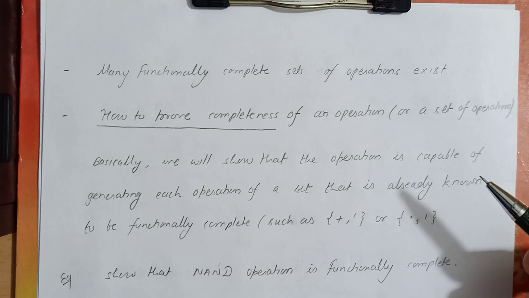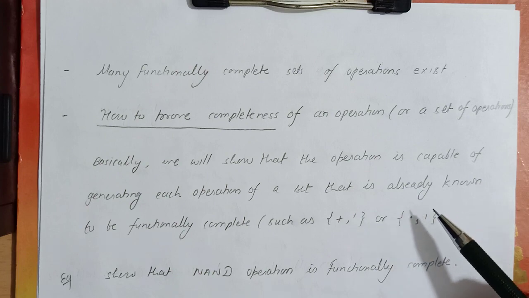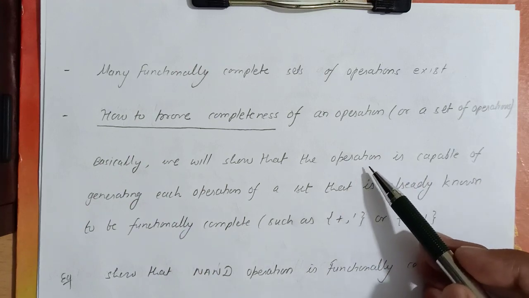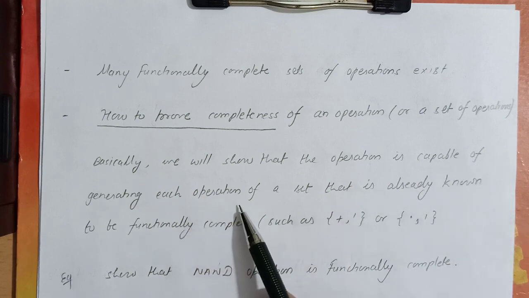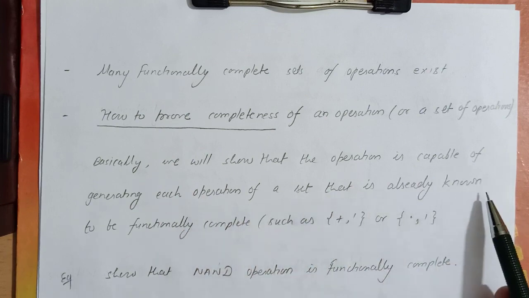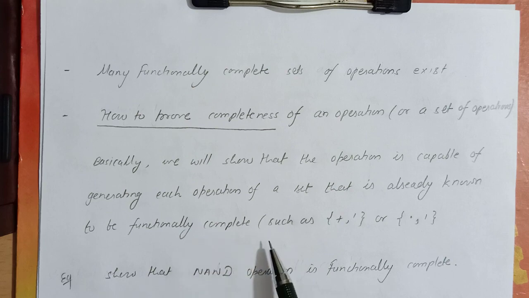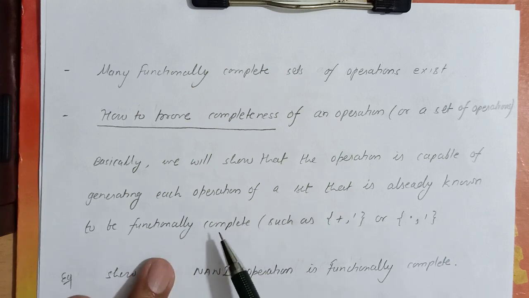In order to prove this, basically we will show that the given operation is capable of generating each operation of a set that is already known to be functionally complete. Okay, with the help of an example we will understand this.